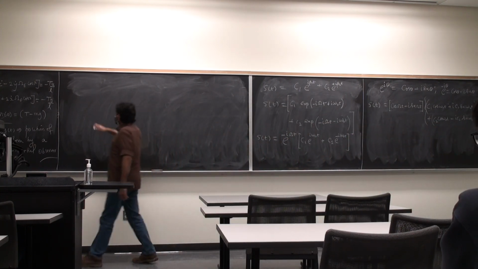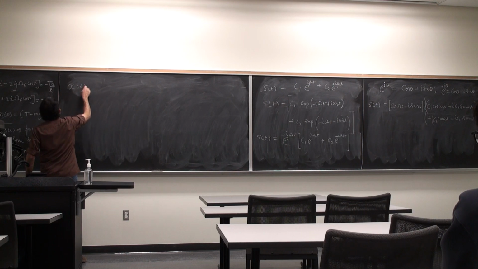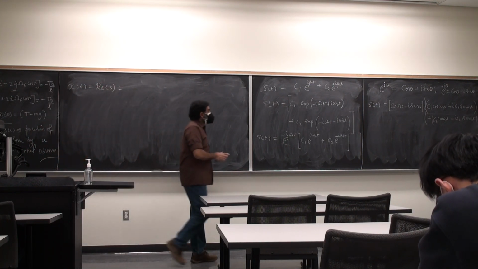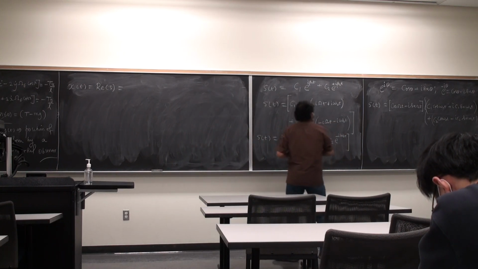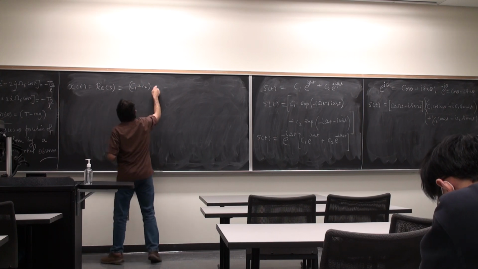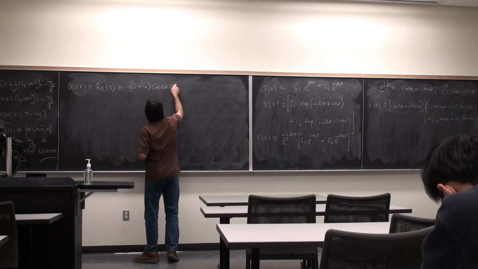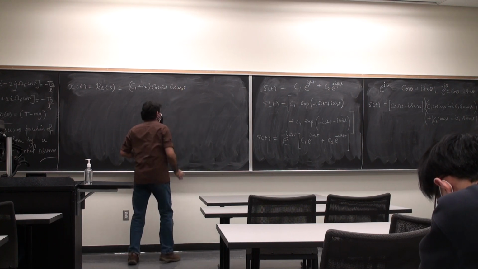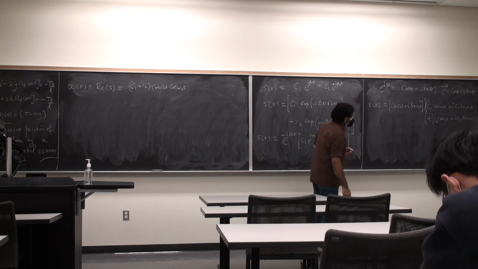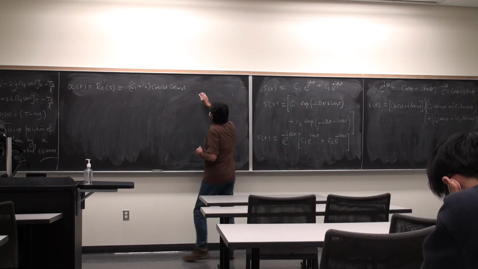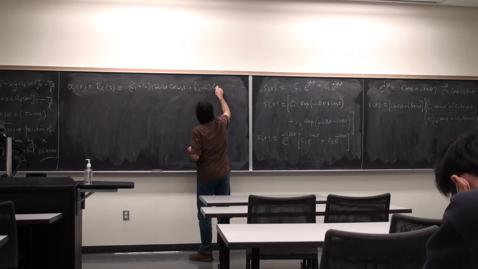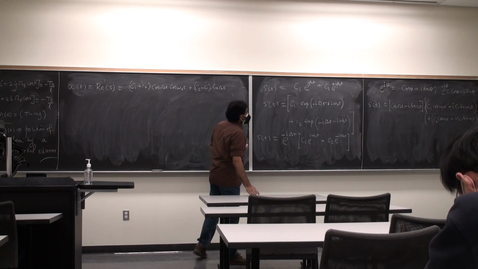So real S of t, which is x of t, is the following: C1 plus C2 cosine omega t cosine omega naught t, and then C2 minus C1 sin omega t sin omega naught t.